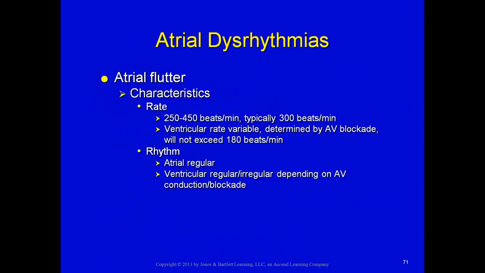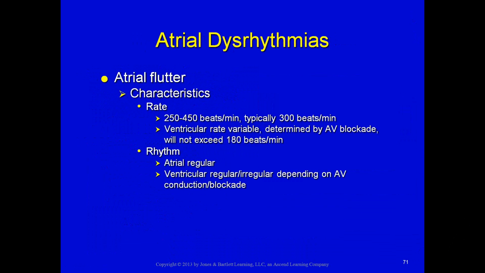The AV node usually isn't going to let more than 180 beats a minute go through. So the ventricular rate, the QRS complexes that you see with your atrial flutter, can be a normal rate, or they can be a slow rate, or they could be really fast. So the ventricular rate is going to vary.